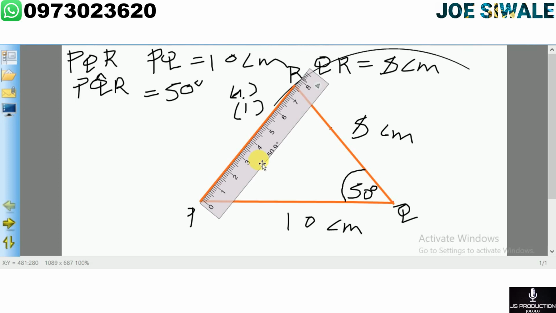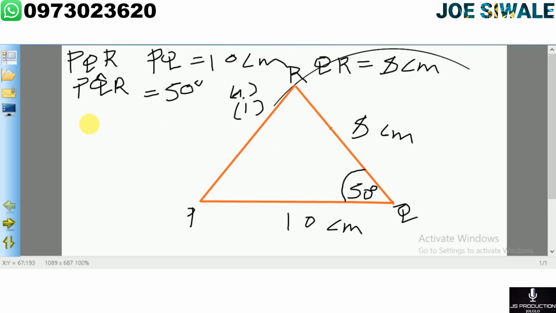My meter rule must start at 0. So from 0 up to here, as you can see, this is giving me 7.5 centimeters. So my length PR, that's 7.5 centimeters.